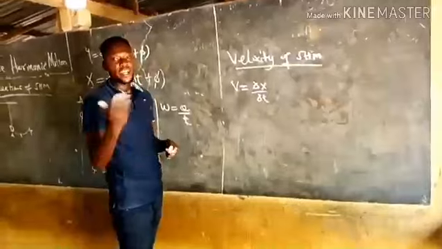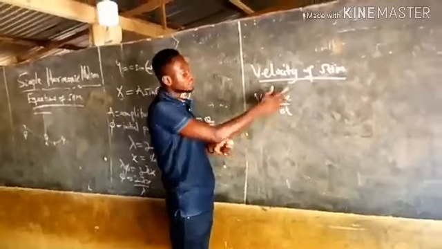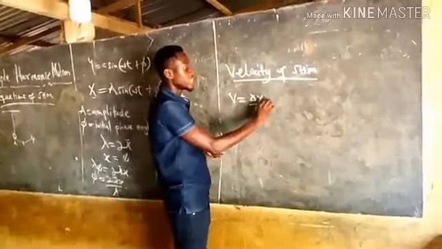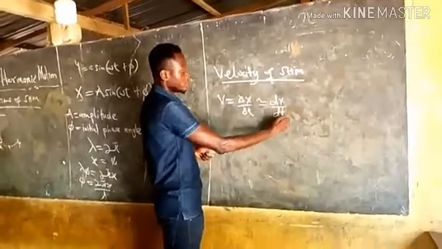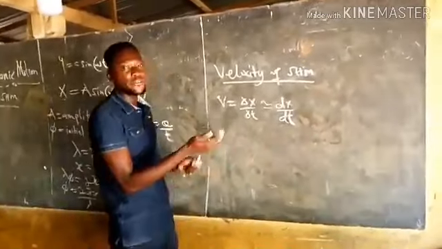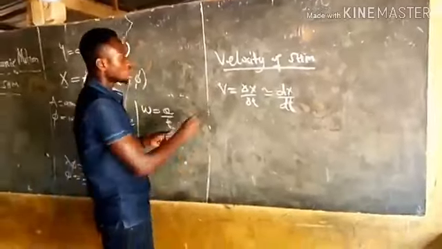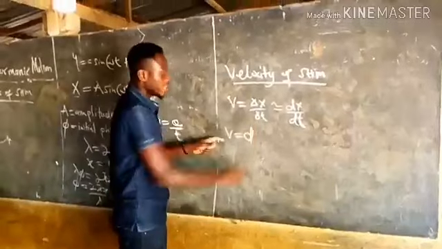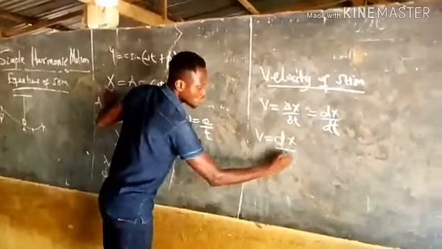And from calculus or differentiation, this is small change in the displacement over small change in time, which is approximately equal to dx/dt for a bigger change. So dx/dt means you are going to differentiate x with respect to t. So velocity has to be the differential of the displacement, that is x, with respect to time.